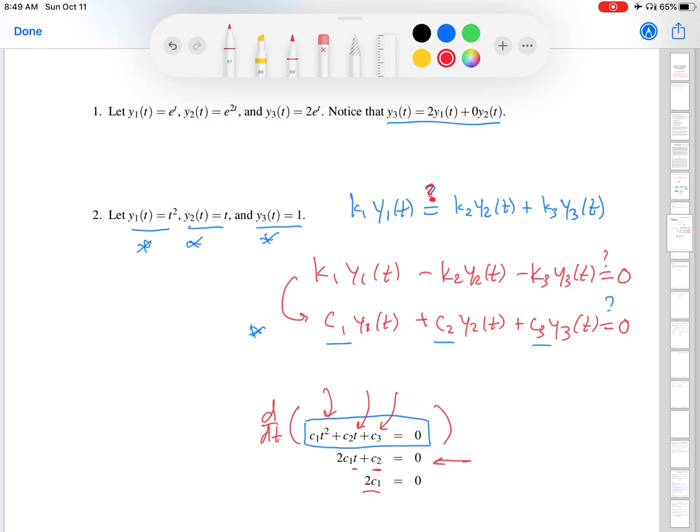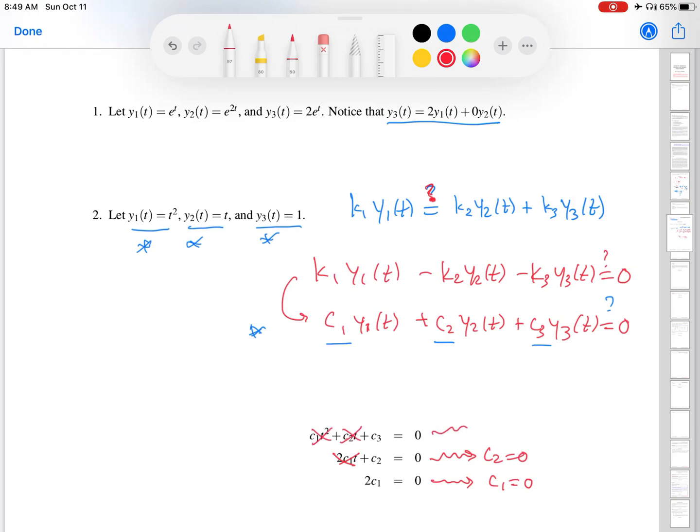The derivative of c2 is a number, so that's 0. So I don't have anything left over. And that gives me this third equation here. And at this point, if I remove all this clutter, you can see what's going to happen. So this equation tells me that c1 is 0. I put it back here, that is gone, and this equation tells me that c2 is 0. I put c1 equals 0, c2 equals 0 here, and this equation tells me that c3 equals 0.